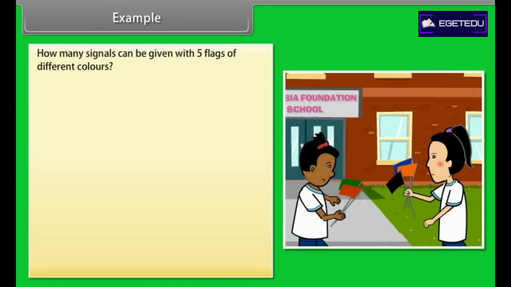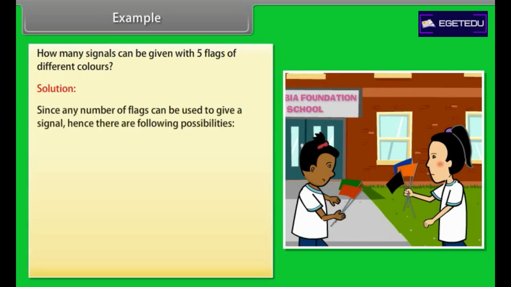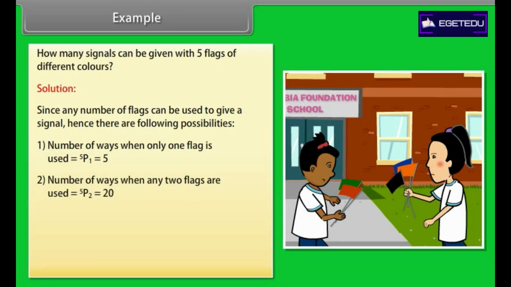How many signals can be given with 5 flags of different colors? Solution. Since any number of flags can be used to give a signal, there are the following possibilities. 1. Number of ways when only one flag is used is equal to 5P1 is equal to 5. 2. Any 2 flags: 5P2 is equal to 20. 3.